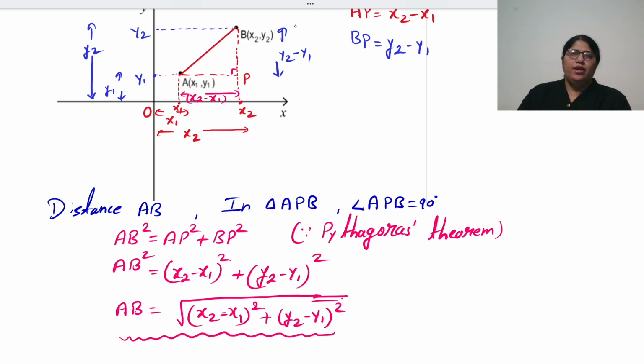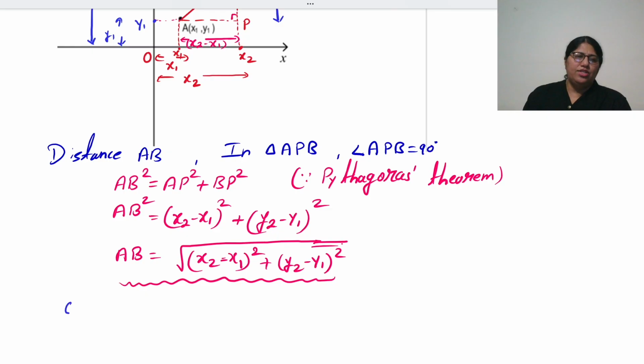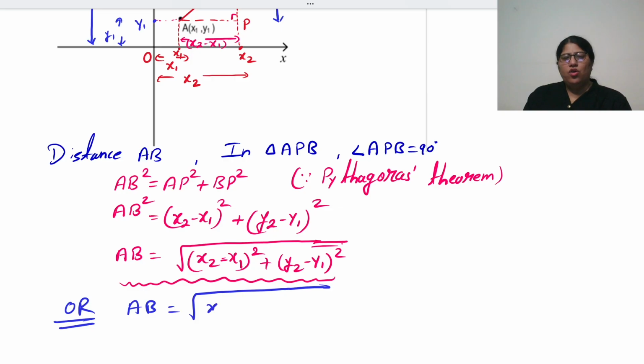Now you can rearrange this also. If I take the coordinates of A as x2 y2 and the coordinates of B as x1 y1, I can change the order also because it's a whole square. Even if you change the order, the value is going to remain positive, and it is the length. When we are taking the square root, we don't take positive or negative value.